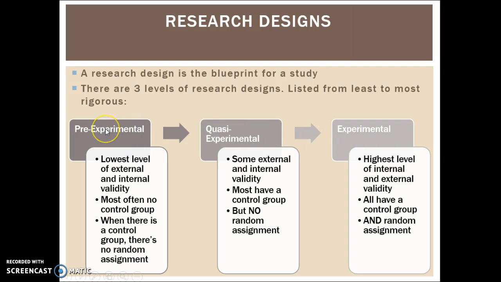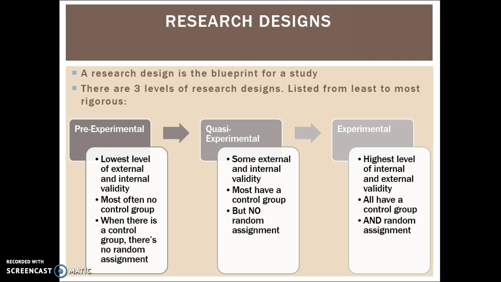The least rigorous type of research design that you could use in an explanatory or an evaluation study is a pre-experimental design. With a pre-experimental design, you are still looking at the influence of a variable on another variable, or more than one variable on more than one other variable. However, the design is not quite as rigorous as it could be.